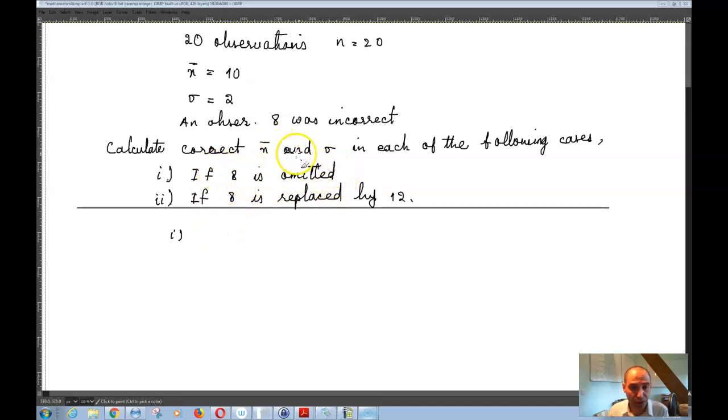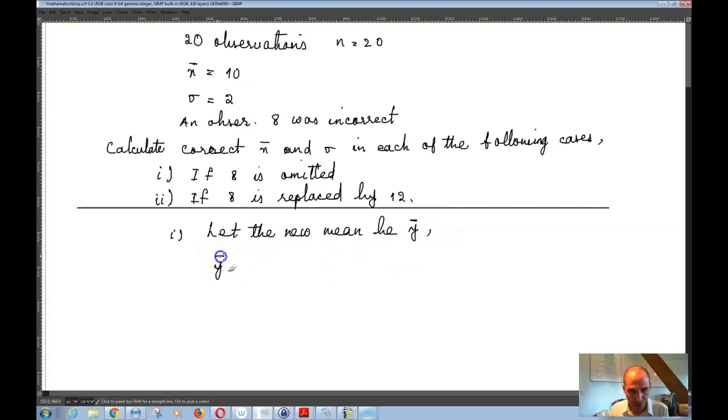Now what I want to calculate is X bar in the new situation where 8 is omitted. Now to calculate X bar, let the new mean be, for example, Y bar.